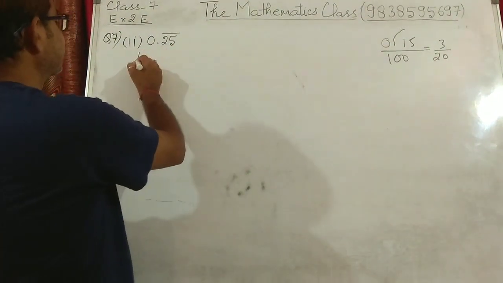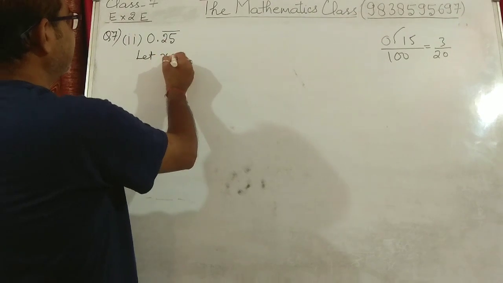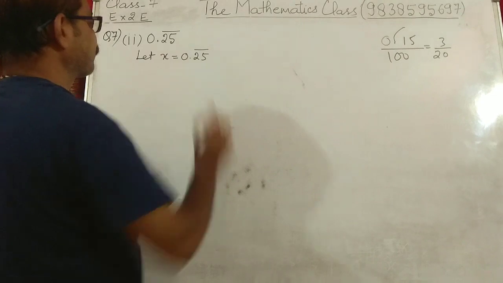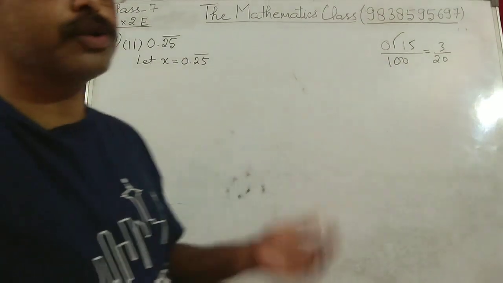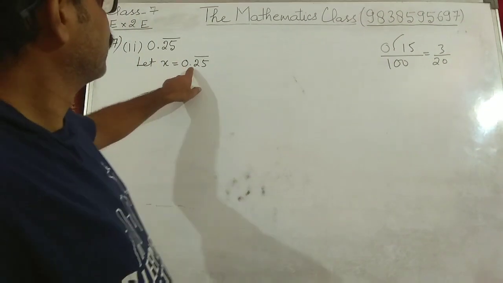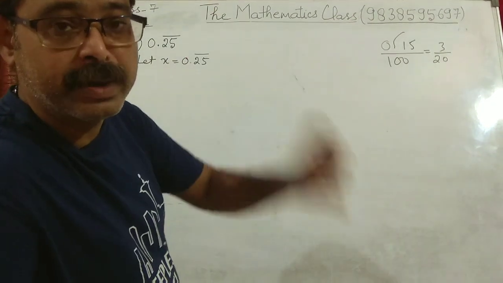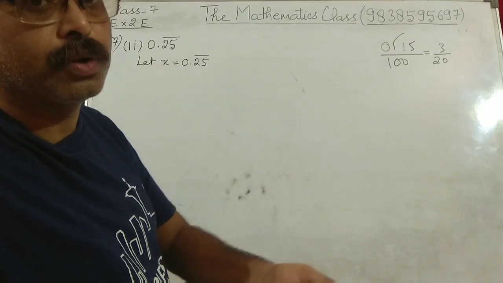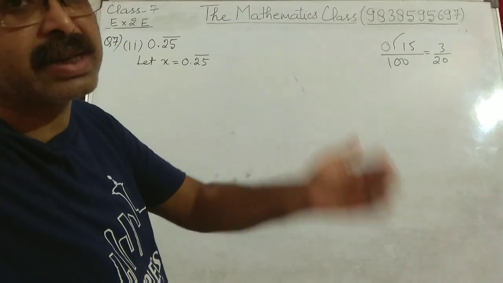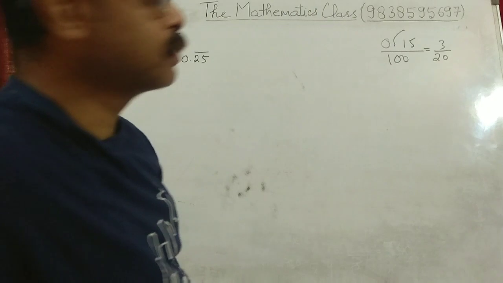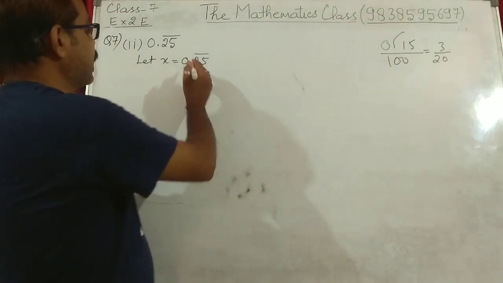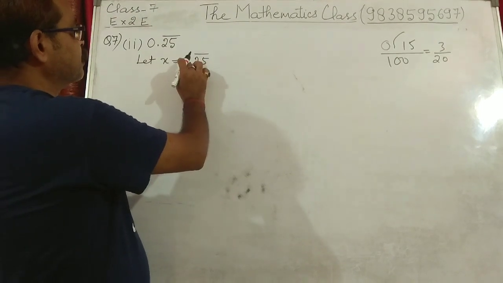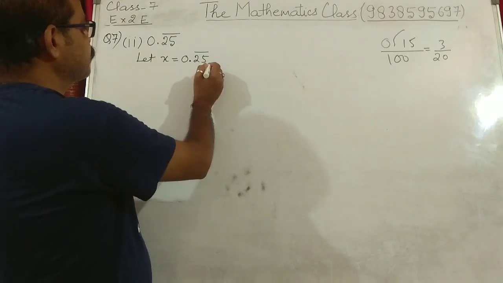So let us say, let x is equal to 0.25 bar. Now my main concern there also was to make all the numbers after the decimal as 0, or to eliminate all the numbers that are present after the decimal. So to eliminate this we have to multiply the whole equation by 100.